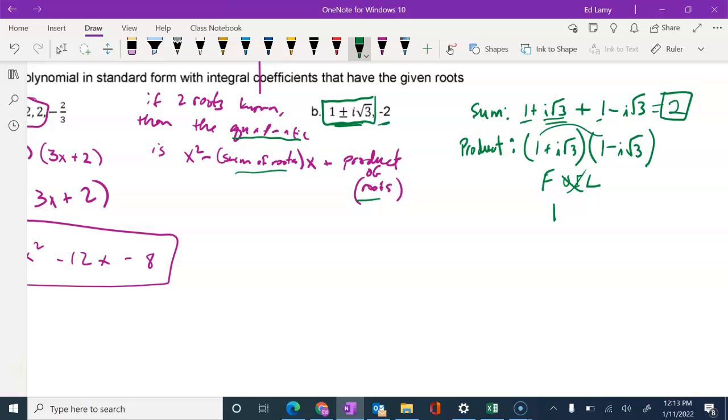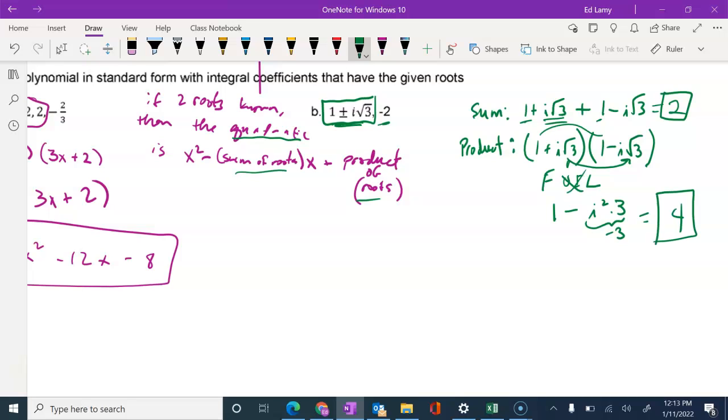And then last times the last is a positive times a negative, so it's minus i times i is i squared. The square root of 3 times the square root of 3 is 3. So what is 1 minus i squared times 3? Well, i squared is negative 1, so that's negative 3. 1 minus negative 3 is 4. So the product is 4.